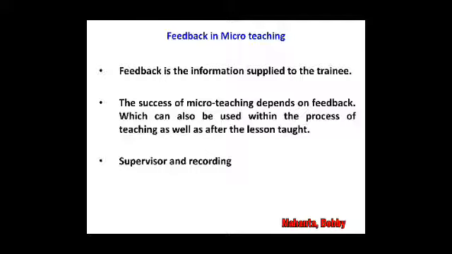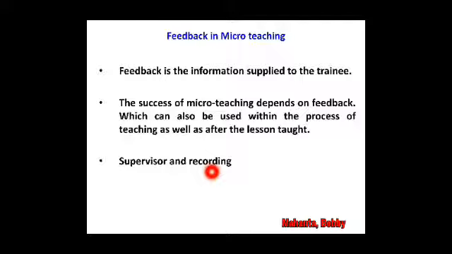The weak areas that need to be improved can be sharpened by pointing out that this is not the way you have to do it. Having shown the weakness in the teaching, it can be developed, so they can improve themselves. The success of micro teaching depends on the feedback, and this is well understood.